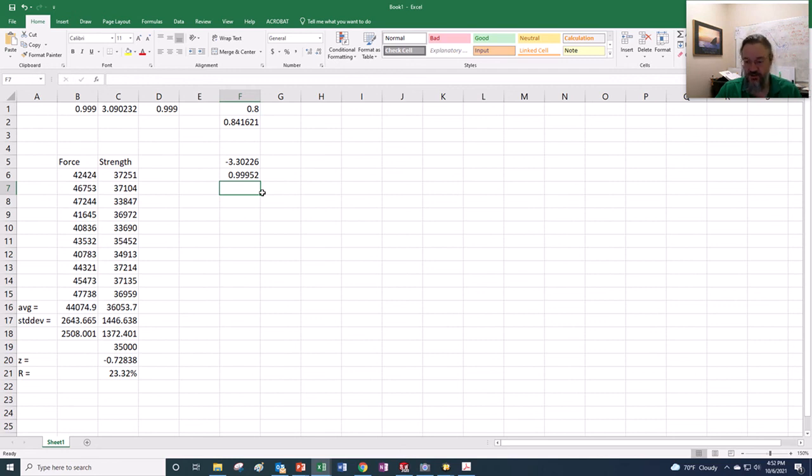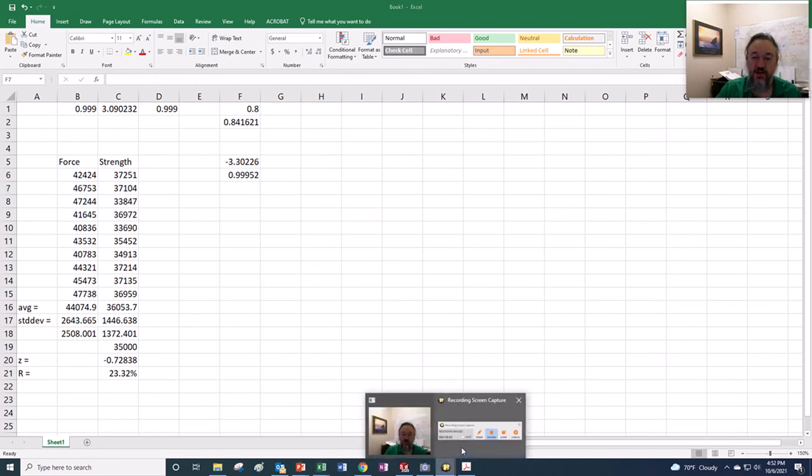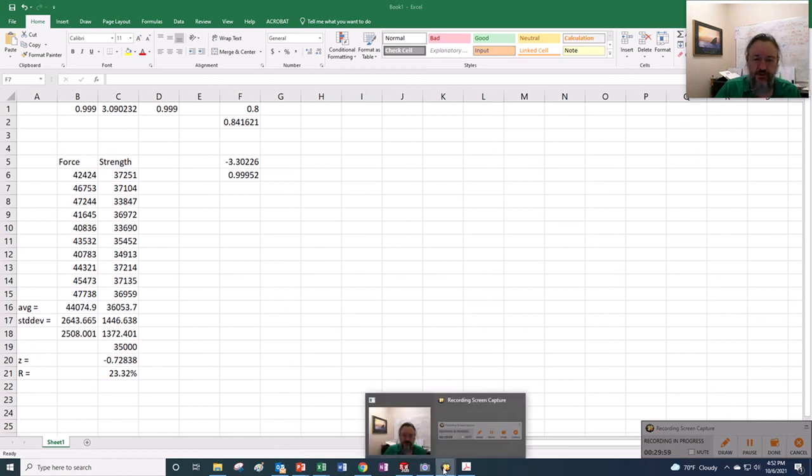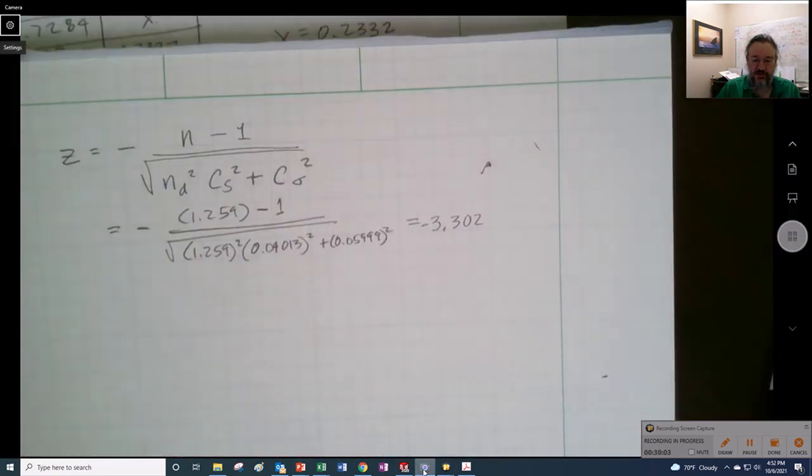So there you go. There's a problem worked out long ways, all the way through. Very similar to your homework problem. The only thing I didn't do is part C, and that's really just a variation of part B, so that we can have some means of comparison.